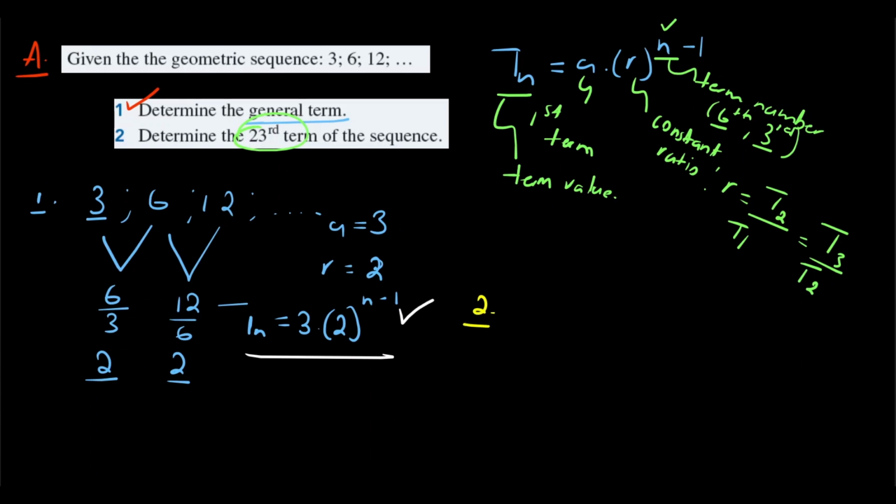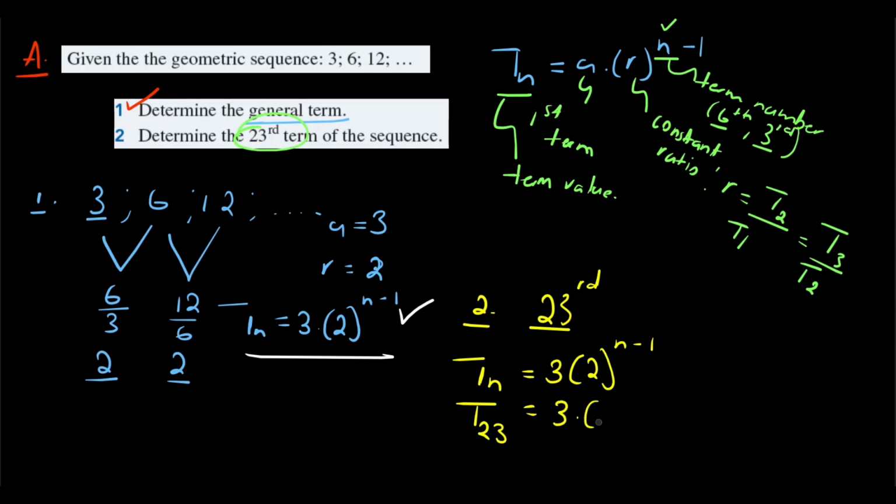That's number 2, our 23rd term. It is nothing more than taking our general term, Tn equals 3 times 2 to the power of n minus 1, and where there's n, we substitute 23. So we have 3 times 2 to the power of 23 minus 1.